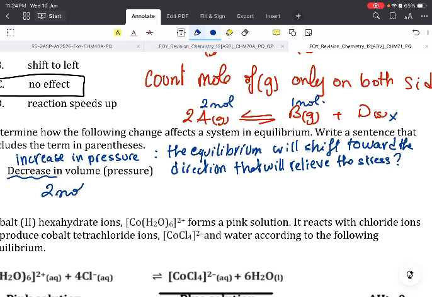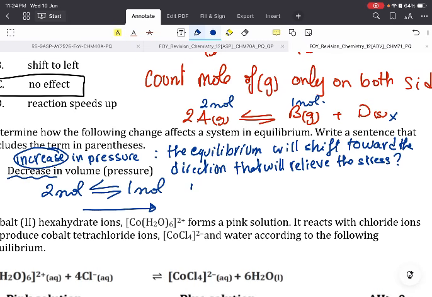I have 2 moles versus 1 mole. If there is an increase in the pressure, the equilibrium is going to go forward towards the fewer moles of gas, because with less moles of gas, pressure will go back to decrease itself because we increased it, so the pressure is going to go back to its original equilibrium and decreases itself.